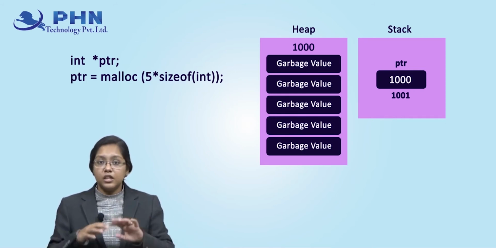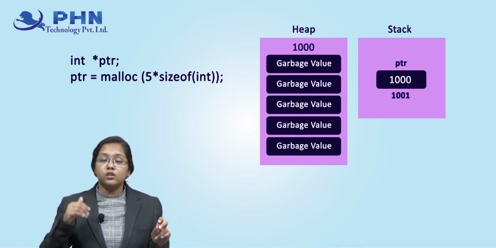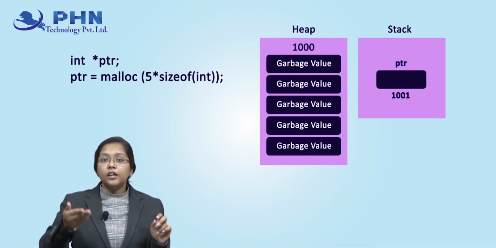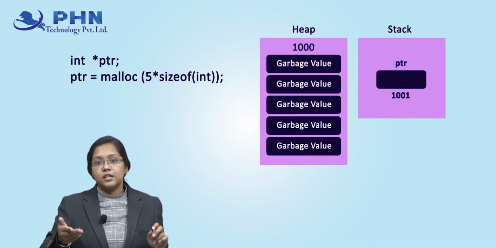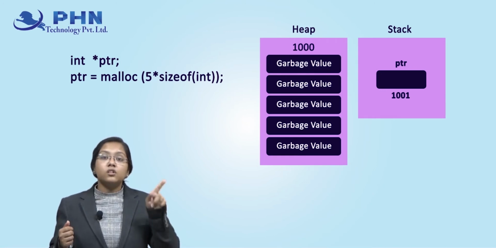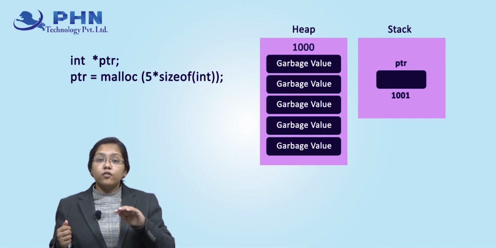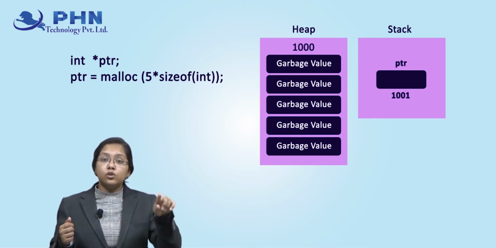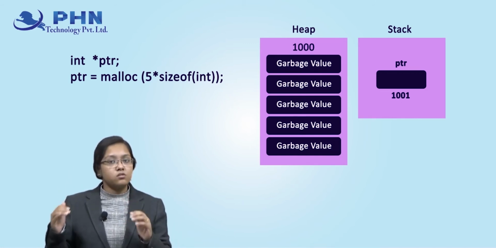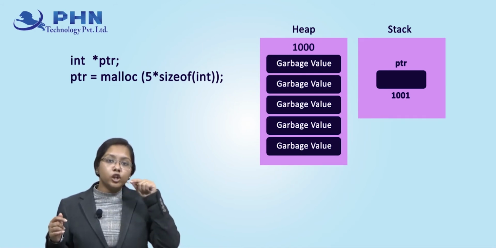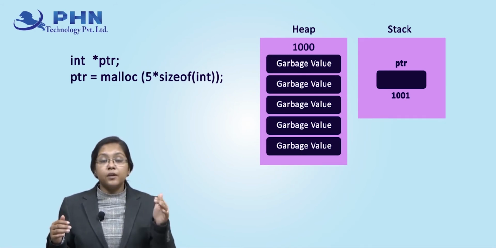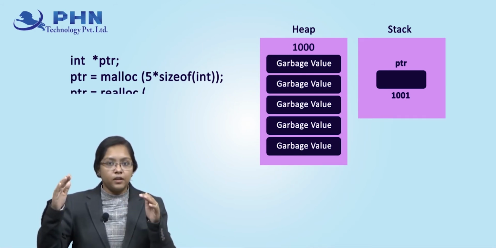So these are the two parameters we use while calling a realloc function. We have to pass these two parameters over there. Now the new size over there I have specified. So here what is happening: through malloc I am storing 5 blocks of memory, but now I have given 2. So it is reducing the memory.